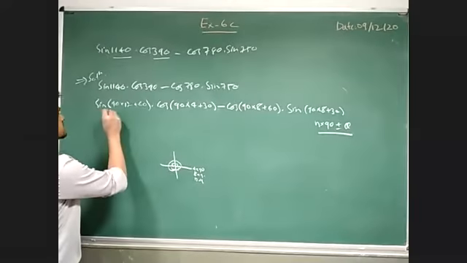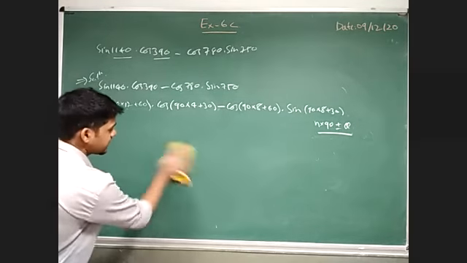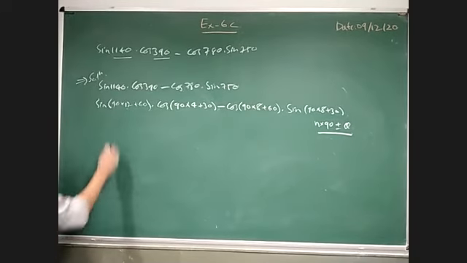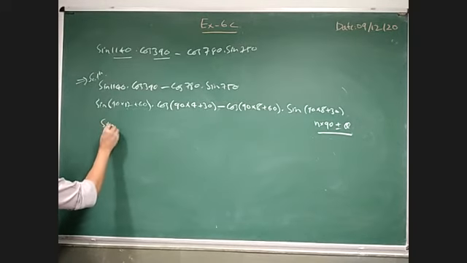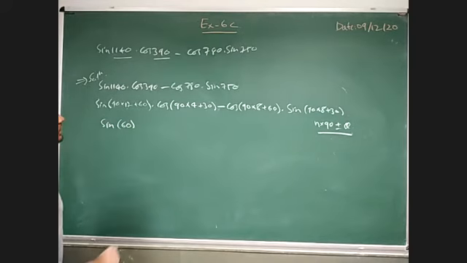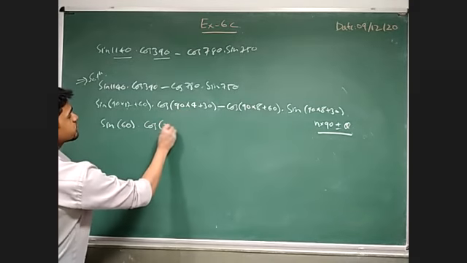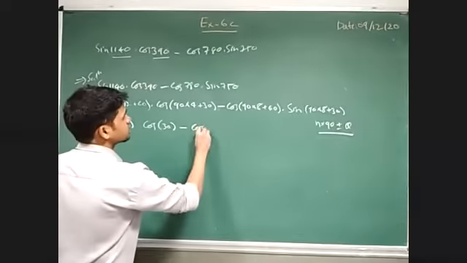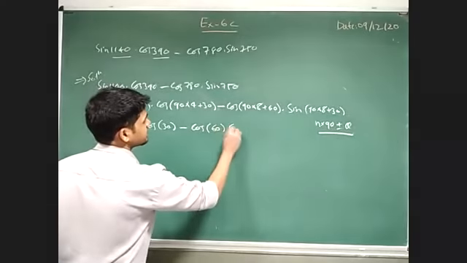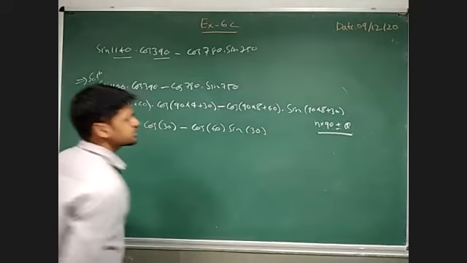That means this theta value is coming under the first quadrant, and I know all the trigonometric ratios are positive in the first quadrant. So here I am able to write sine 60. And this is also in the first quadrant, so I can write cos 30 minus cos 60, which is also in the first quadrant.